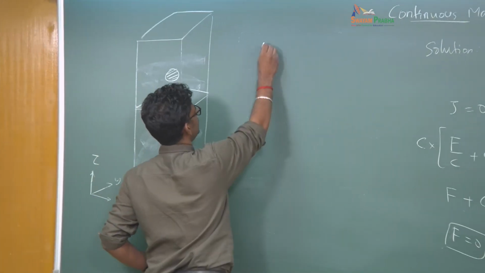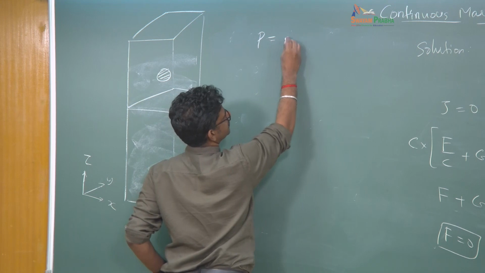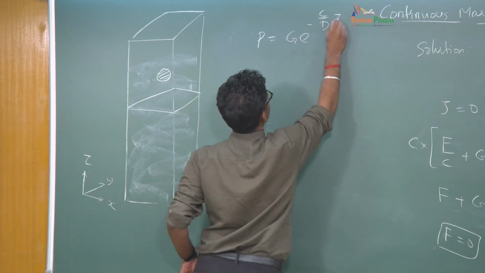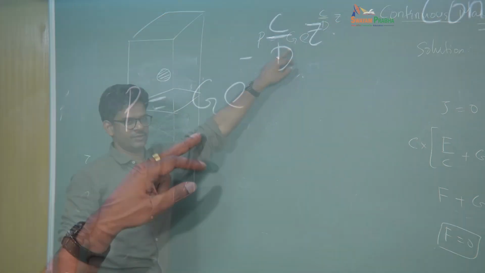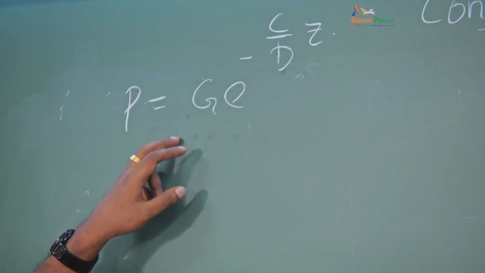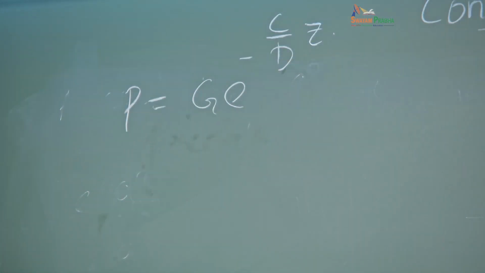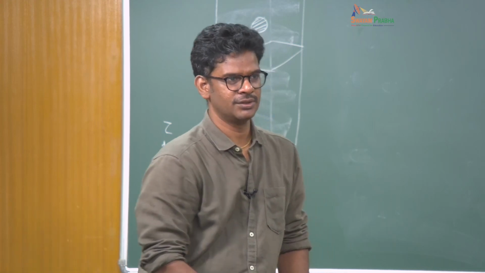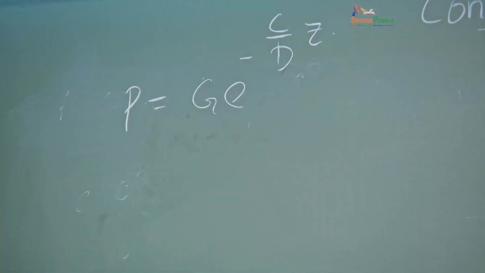Now this P, which is given as G times e to the power minus C/D z, what can you say about this constant G? How do we find G? Yes, you're going to normalize it because it's a probability distribution function. The integral of this over z from 0 to infinity should give you 1. So what is G then?